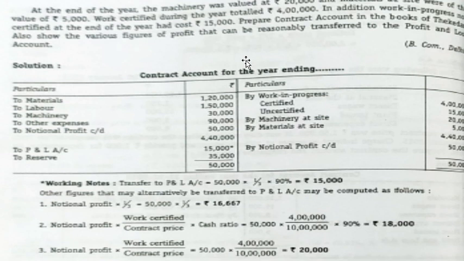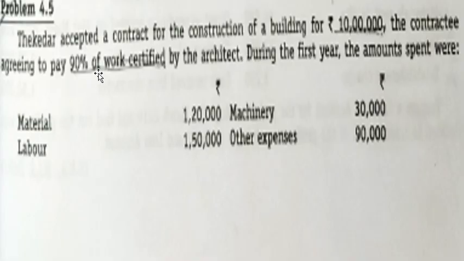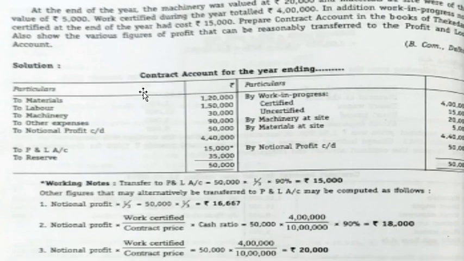In the previous problems, they were giving us cash received, and based on the cash received we were finding out the work certified. But in this problem they've given us work certified, and they have stated 90% of the work certified is what the contractee agrees to pay. So the cash received amount will be 4 lakh into 90%.